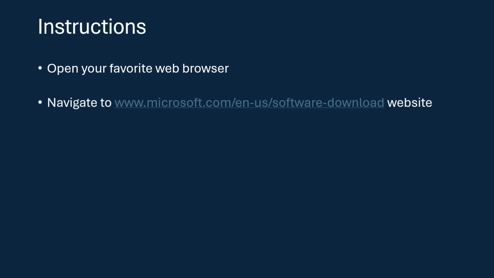Now, how do you start? First, you open your favorite web browser. Then you navigate to this website where you can download the tool. Of course, you select the operating system that you want to create the bootable flash drive for.